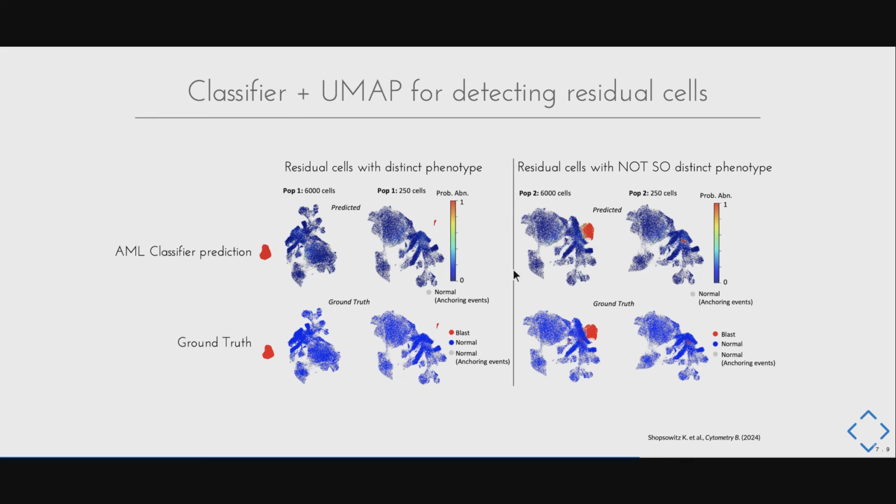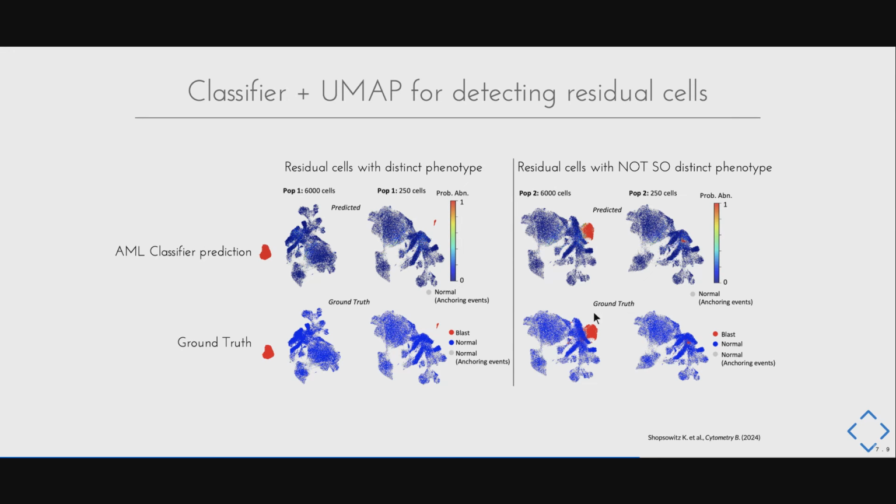The second data set is a bit different. The second data set contains cells with a phenotype not as distinct. You can see when the population size is big, which is 6,000 cells, UMAP can manage to separate AML blasts, but with some difficulties. When the population is reduced from 6,000 to 250 cells, which is 1% of the total cell number, UMAP's effectiveness decreased significantly, so it can merely pull this population out from the normal territories.